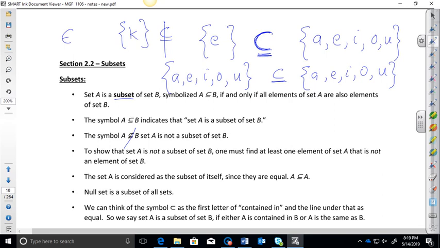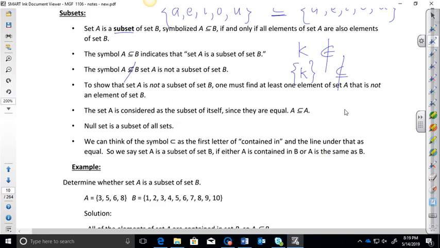Subsets are sets, so you need to have that set notation around it. If I just write K, I write not an element of. But if I said set K, then I say it's not a subset of. Understand the difference?